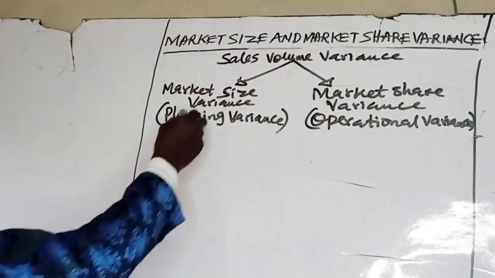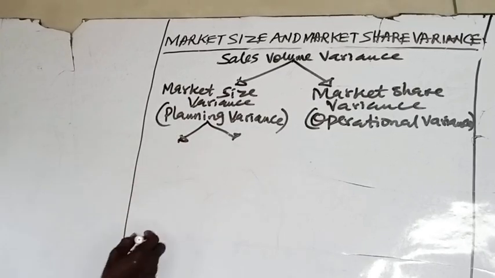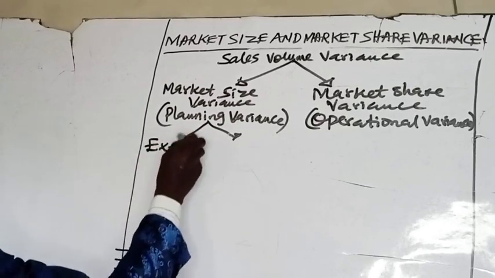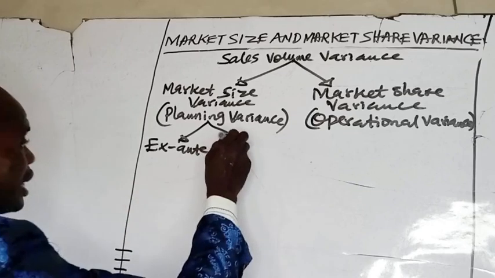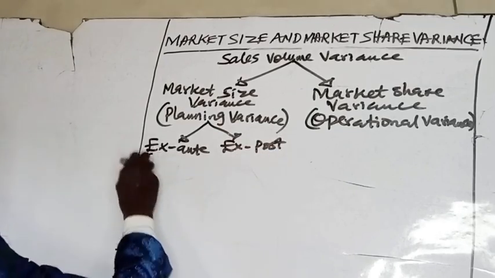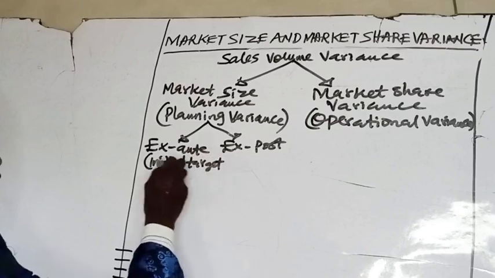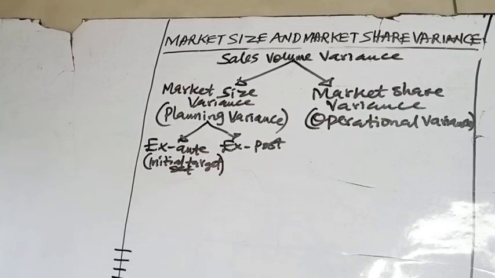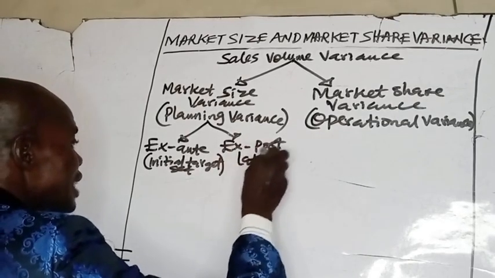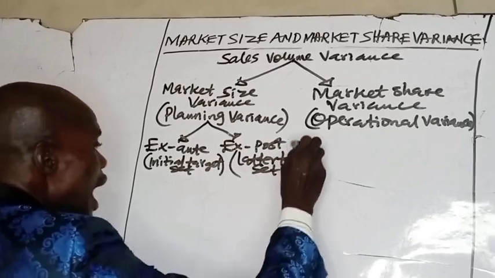I've told you that in planning variance, you want to compare the initial target with the latter target. The initial target is called ex ante, while the latter target set is called ex post.